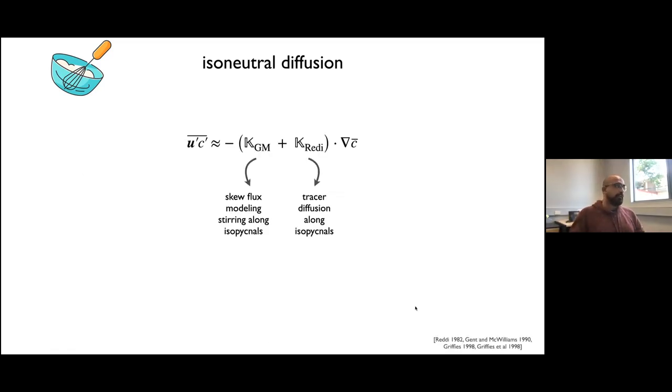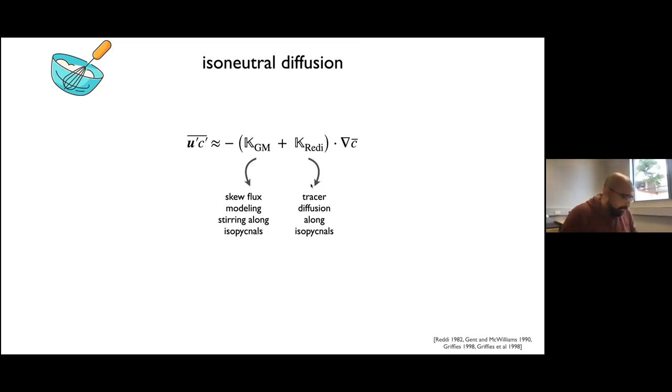There are two components: a skew flux, which is what we call Gent-McWilliams diffusivity, which models how advection steers tracers along isopycnals, and the other component of the tensor, which models how tracers are diffused along isopycnals.